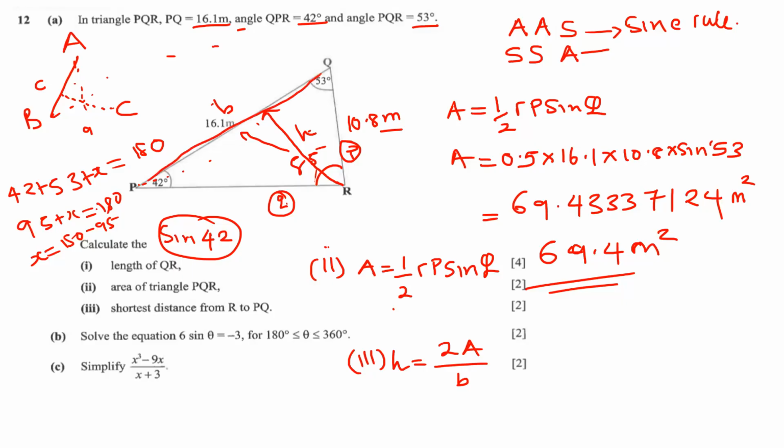When you say R to PQ, PQ is your B. So here, if we are to replace, we are going to say 2 multiplied by 69.4 divide by 16.1.